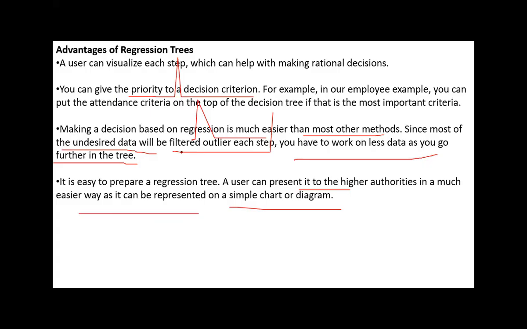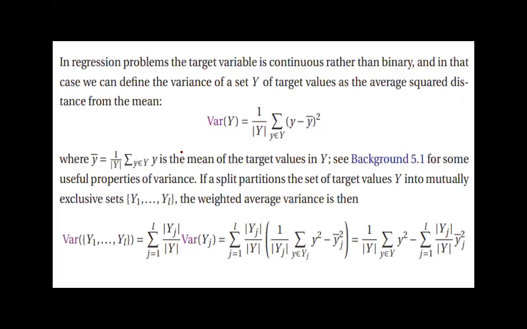Now let us go in depth on how to construct a regression tree. In regression problems, the target variable is continuous rather than binary. Its values may lie between 0 and 100.